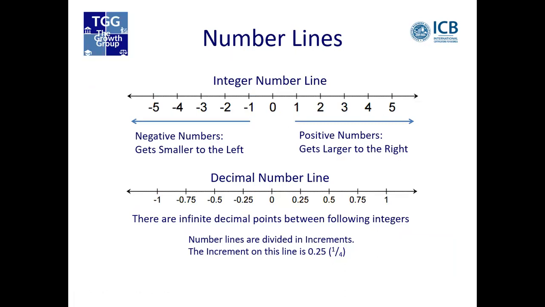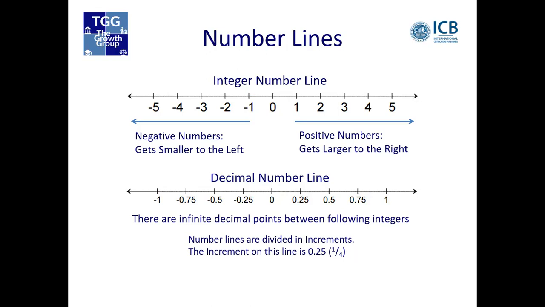We are getting to the number lines. So first little number line there on top is an integer number line. Okay, the integer number line in this case, I've given you little arrows on each side of the line so that you can see it continues. But on this line, I started with -5, -4, -3, -2, -1, 0, 1, 2, 3, 4, 5.